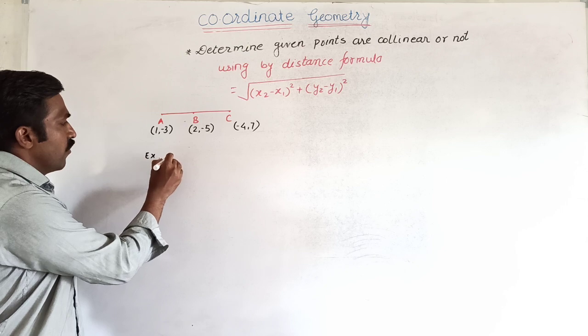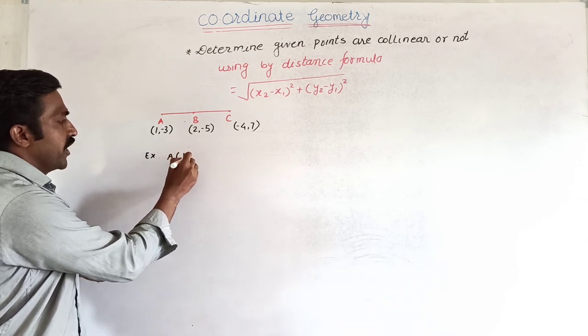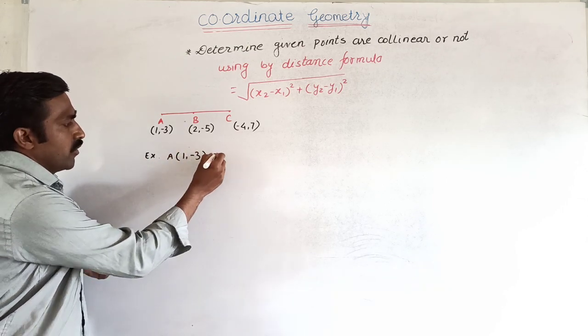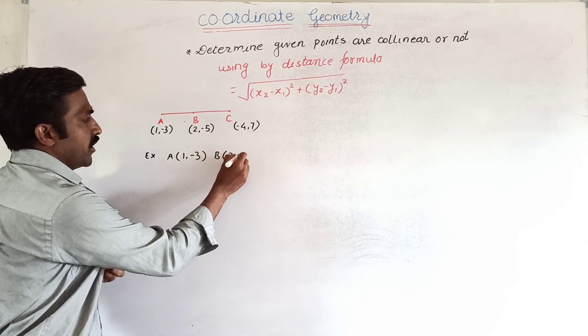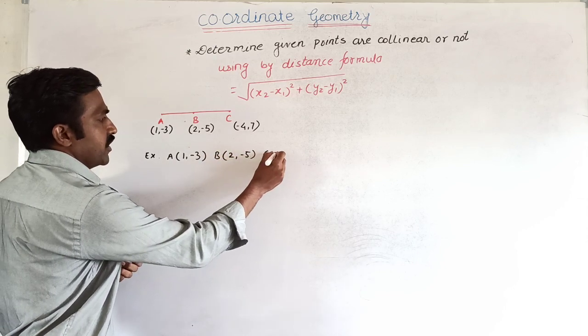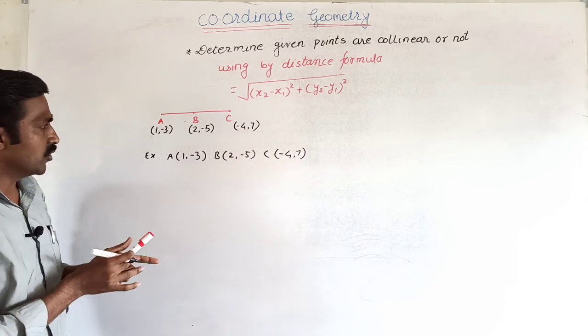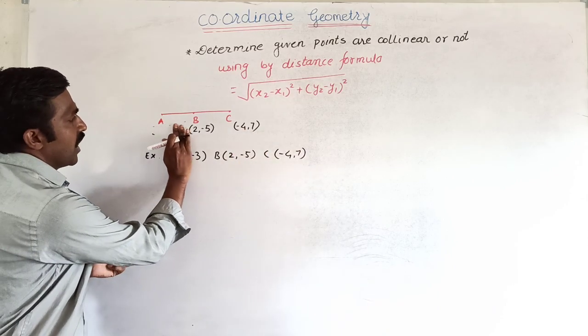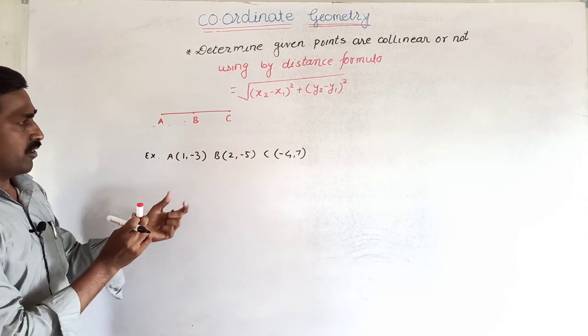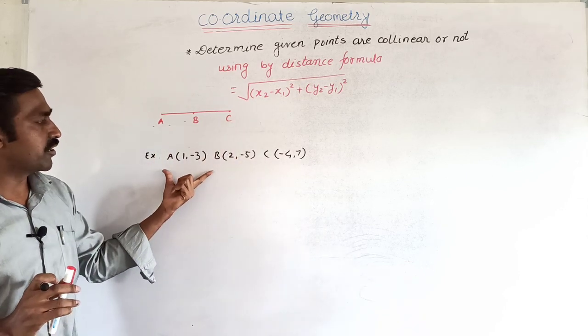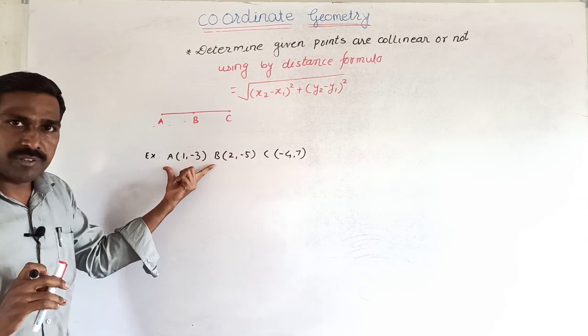Example, point A its coordinate, point B its coordinate 2, minus 5, point C its coordinate 4, 7. Now are these points collinear or not? So firstly find the distance between AB.